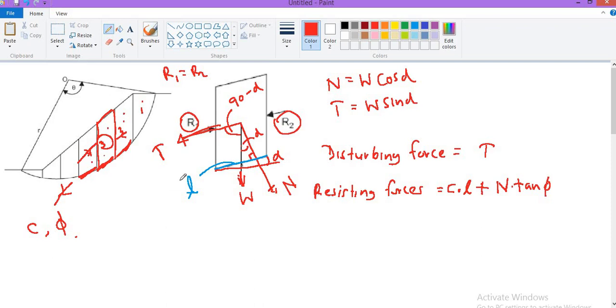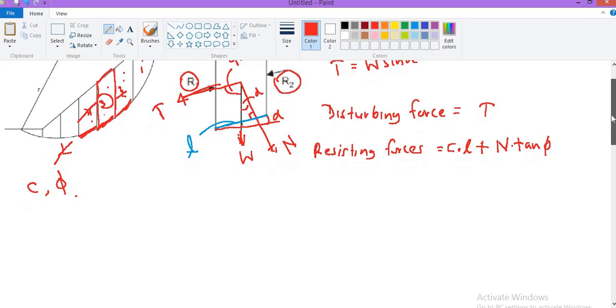Now up to now we have only considered one slice. If we consider all the slices, the equilibrium of all the slices, we can introduce our factor of safety.